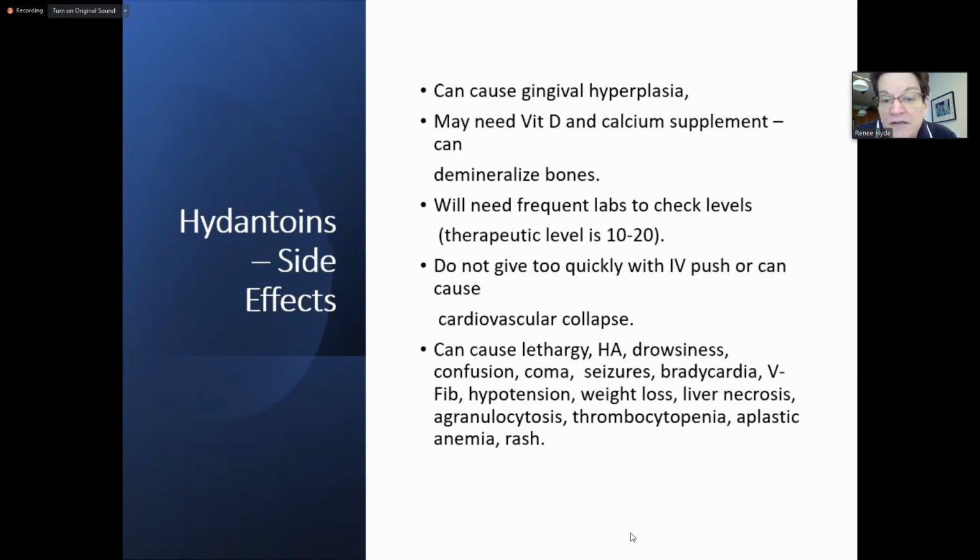And here are some of the other things that you can see. Lethargy, headache, drowsiness, confusion, coma, seizures if it's given too quickly, bradycardia, VFib, hypertension, weight loss, liver necrosis, agranulocytosis, thrombocytopenia, aplastic anemia, and rash.